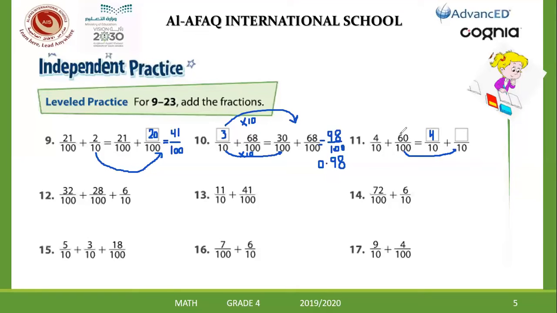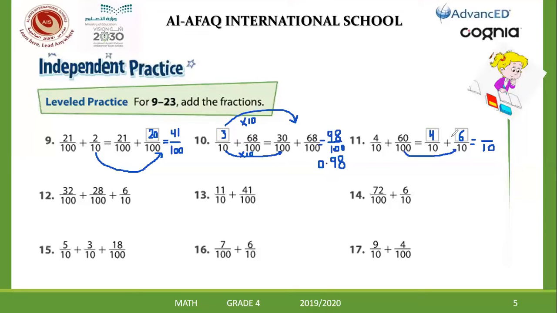So 60 divided by 10 will be 6. So we got an equivalent fraction in number 11 by using division, not multiplying. This way, you got the same denominator. So now to add, keep the same denominator 10.